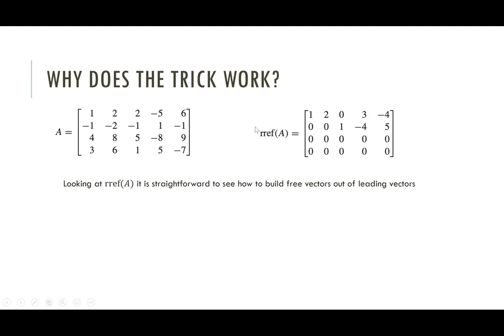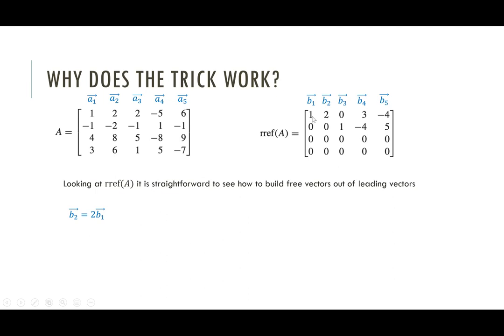So let's name all of our vectors here. In A, we'll have our column vectors be A1 to A5, and in the ref A, it'll be B1 to B5. And looking at reduced row echelon form, we can see right away that this second vector here is just 2 times the first vector.